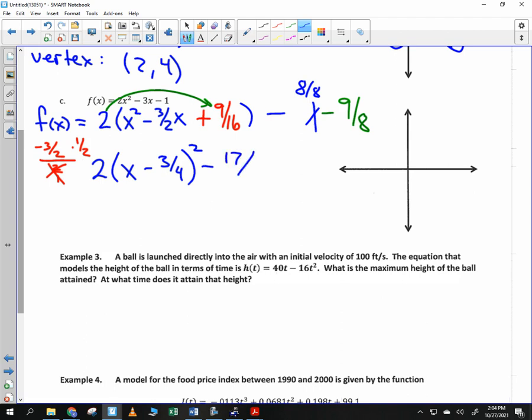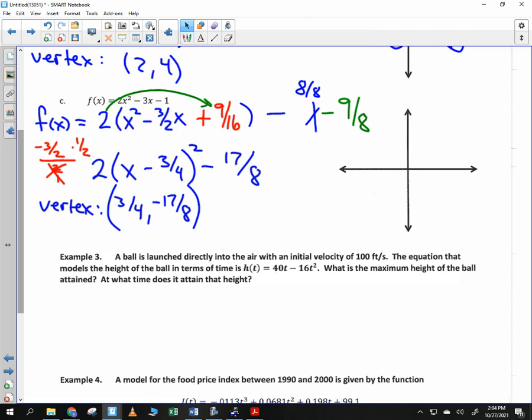Negative 17/8. Yep. So what's the vertex then? 3/4 and negative 17/8. Excellent job. So the 2 creates a vertical stretch that's not part of the vertex. Excellent. Nice job, Trey.